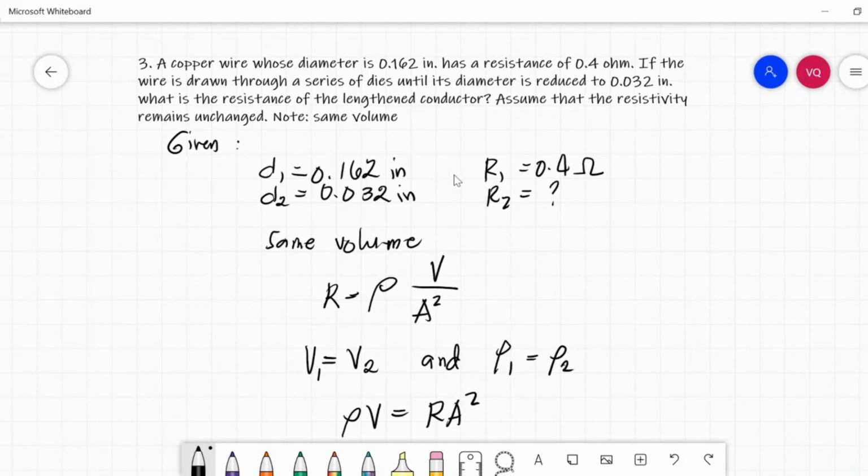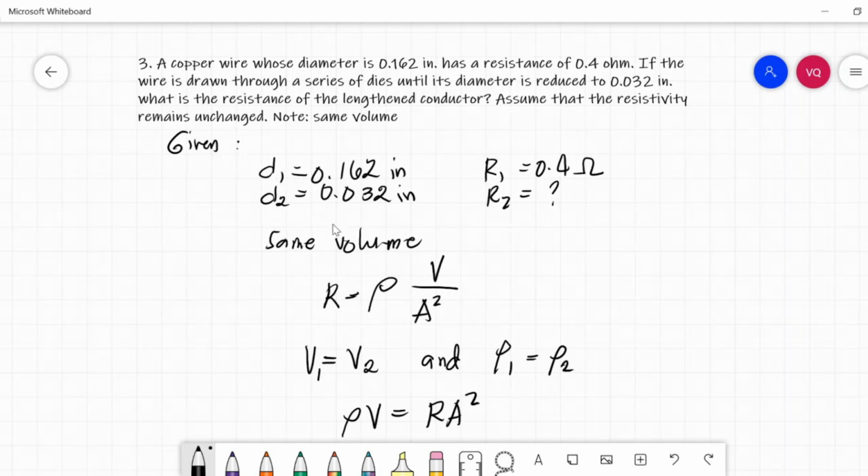Since D1 is larger than D2, we will expect R2 to be larger. From our formula, the resistance is inversely proportional to our area. If your area is greater, the resistance is lower, but if your area is lesser, your resistance is higher.